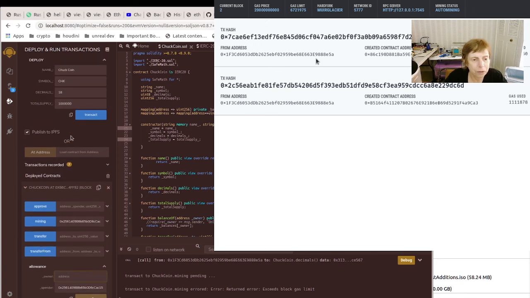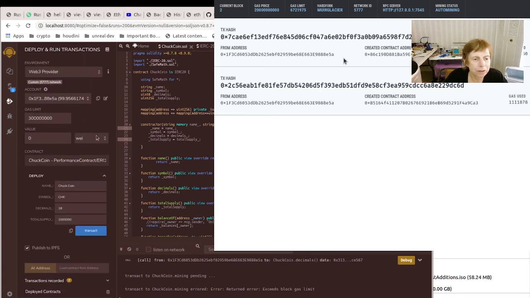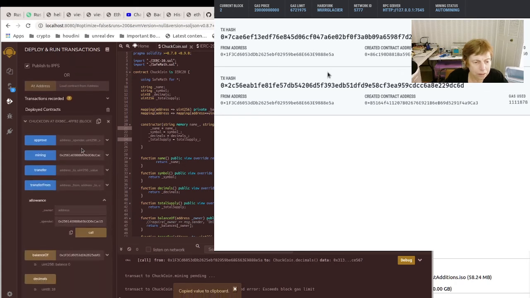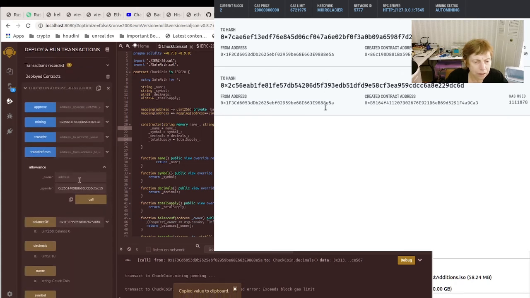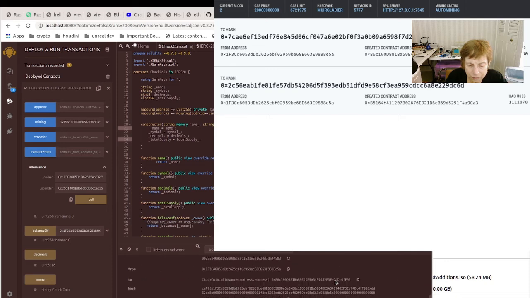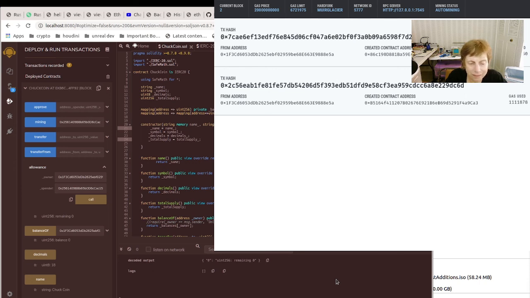Well, this is probably going to fail because I don't think I can give an allowance greater than, and well, that's interesting. And well, it has no allowance.